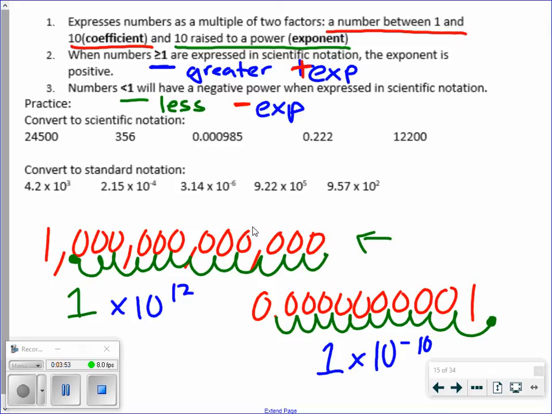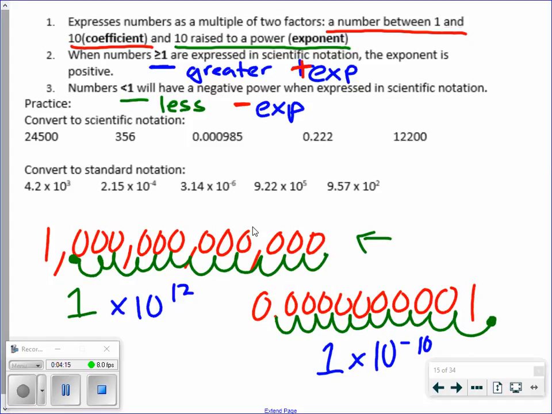So let's see if we can go through the ones on the board. The big thing to remember is there's two parts, okay? The coefficient. The biggest thing with that is it has to be between 1 and 10. So don't tell me it's 24 times 10 to the whatever power. Typically, it should be after your first seen non-zero number, okay?